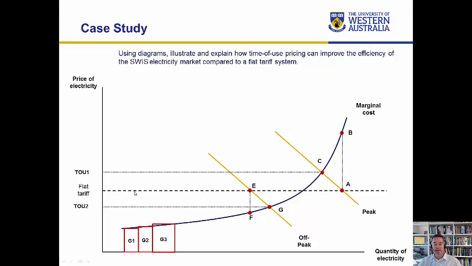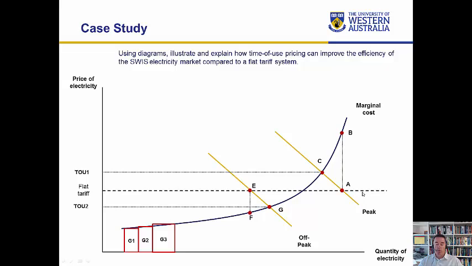Now, if everyone is subject to a flat tariff, then during peak times at that flat tariff price, the demand is going to be A. Then, if the level of demand is A, the marginal production cost of the last unit will be B. So all of the units from G1 right up to point B will need to be producing electricity under a flat tariff at peak times. In off-peak times, demand will be E, so we'll only need generators up to point E actually operating.